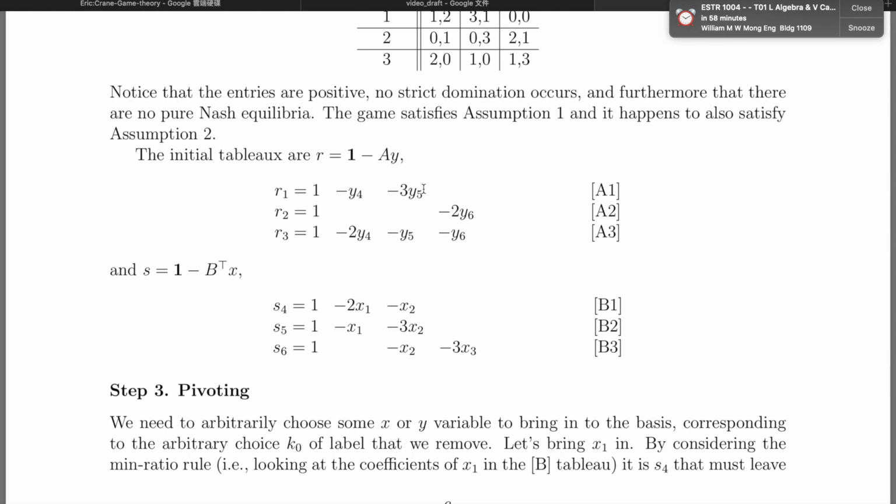Y4 plus 3 Y5 is smaller than or equal to 1, and we add a slack variable R1 into that equation. So the equation becomes a new equation. This is a method of tableaux.